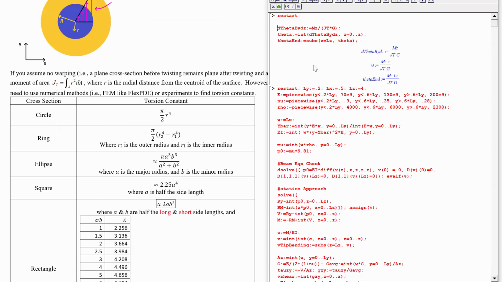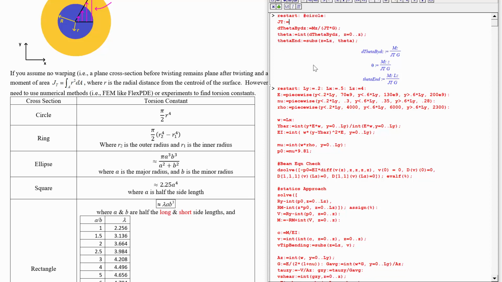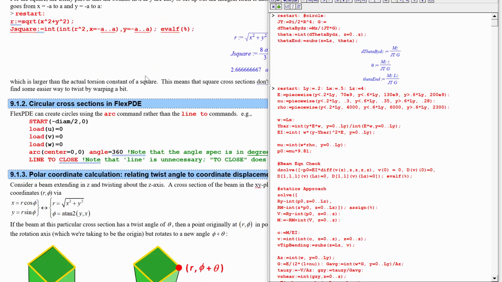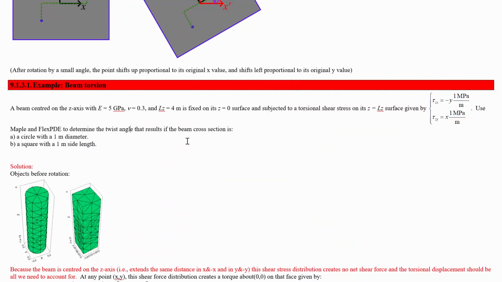For a circular cross-section, let's do the circle, JT is equal to pi by 2 times the radius of the circle to the power of 4. And G we can figure out from the Young's modulus for this thing. So the Young's modulus is 5 and the Poisson ratio 0.2.